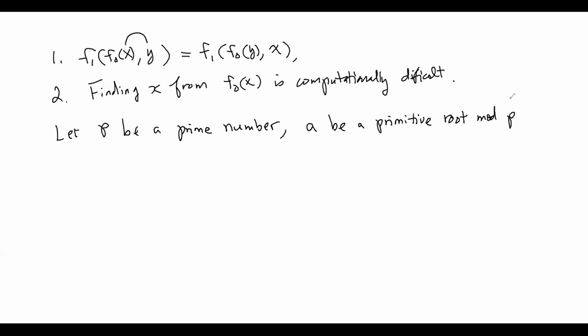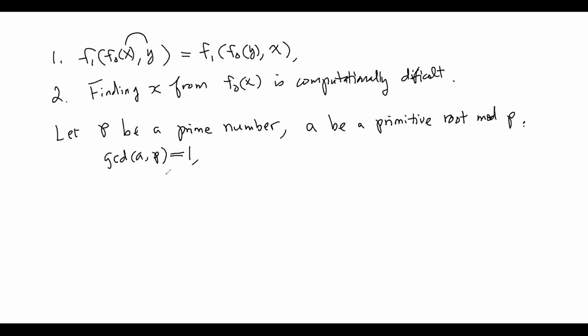So what that means is, first of all, we know that GCD of A, P is equal to 1.